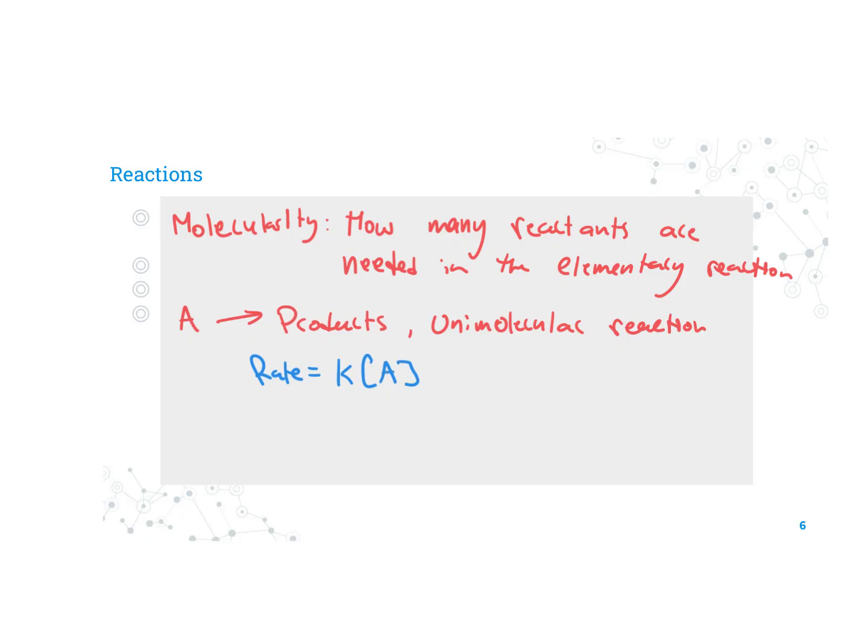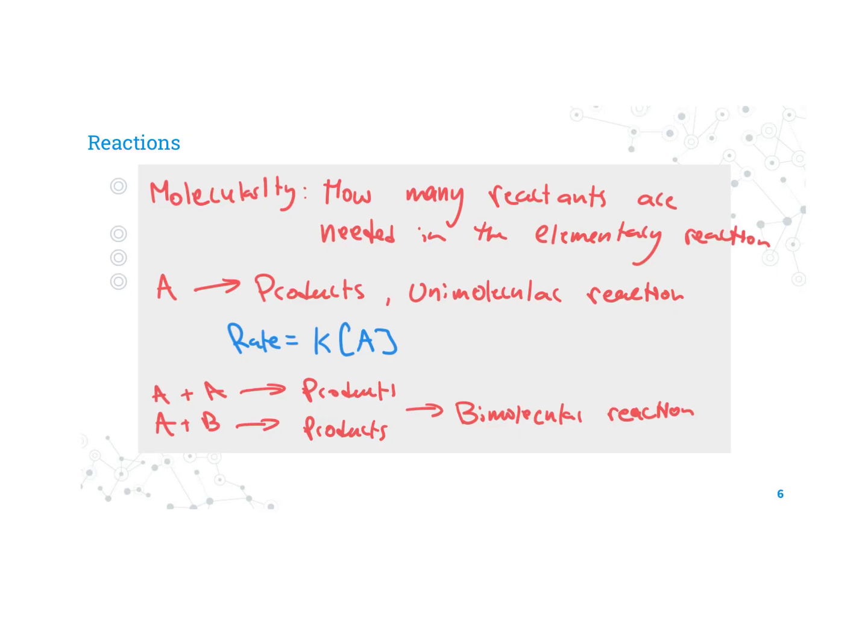We can have another reaction where we have A plus A goes to products, or we can have A plus B goes to products. In both of these cases, we call this a bimolecular reaction. Bi meaning 2. It requires 2 reactants in order to form products.